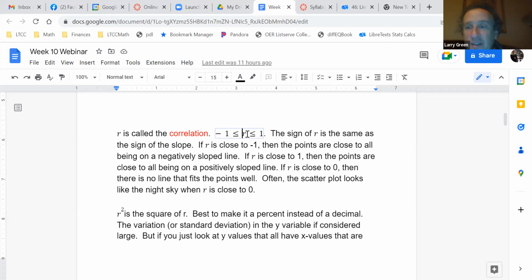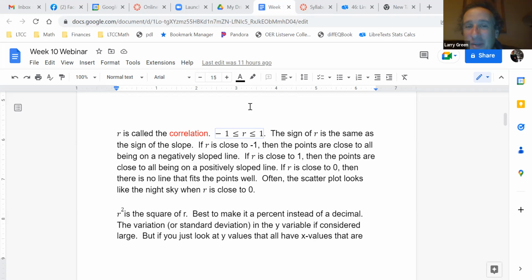Let's suppose you looked at the temperature, let's say the high temperature that day in Lake Tahoe, and the total number of points scored in a soccer game in Australia at a high school that you're interested in.